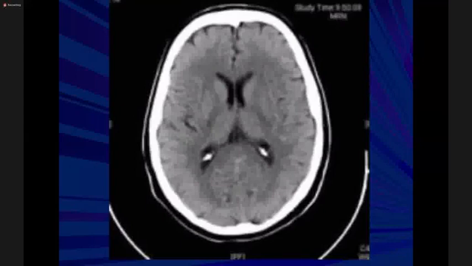If you have done your lectures on ischemic heart disease, we do not manage ischemic heart disease without an ECG in the medical profession. We just need that basic investigation to manage it. So CT scan is the equivalent of ECG in myocardial infarction. Without a CT scan, it's not possible for us to diagnose a stroke.